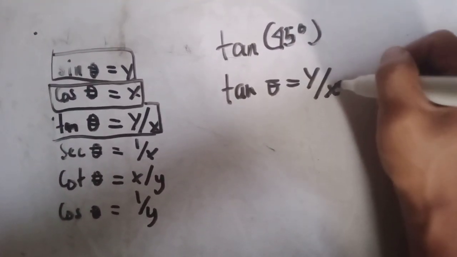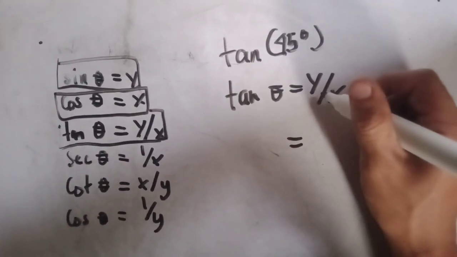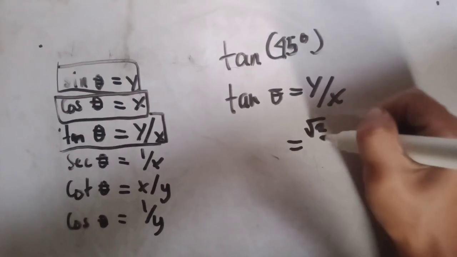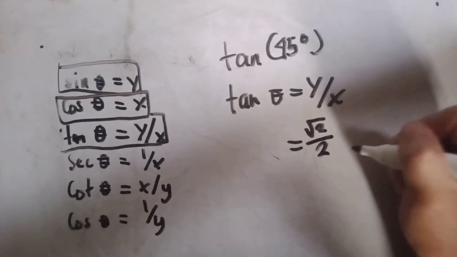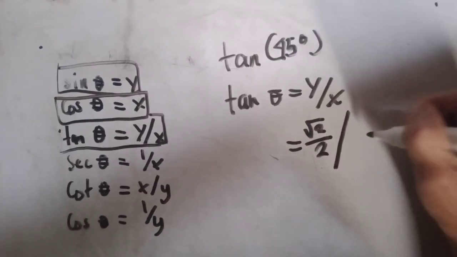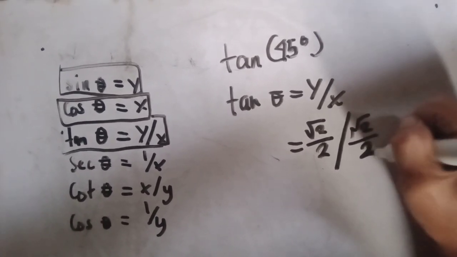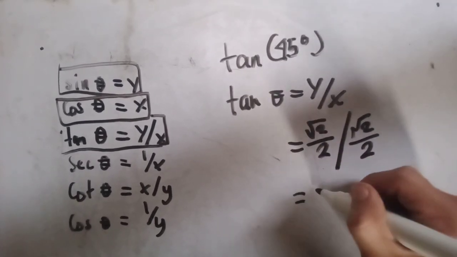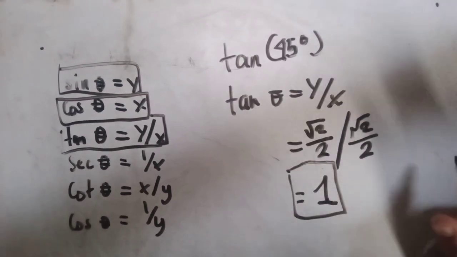So if we look at the unit circle, the value of y is square root of 2 over 2, and the value of x is square root of 2 over 2. So if we calculate this one, it is equal to 1. So this is the value of tangent of 45 degrees.